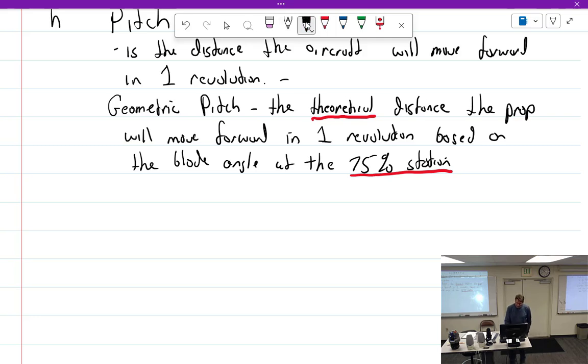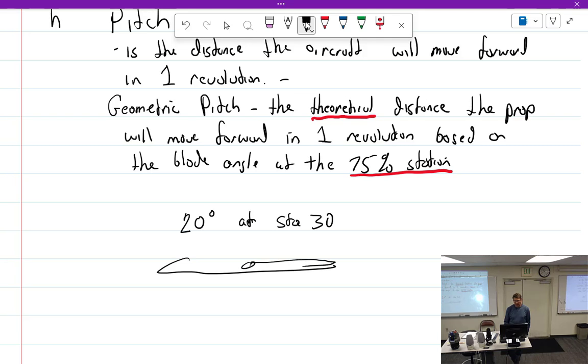Let me make it not too difficult. If I had a blade angle of 20 degrees at station 30, remember that would be the prop divided by 2.